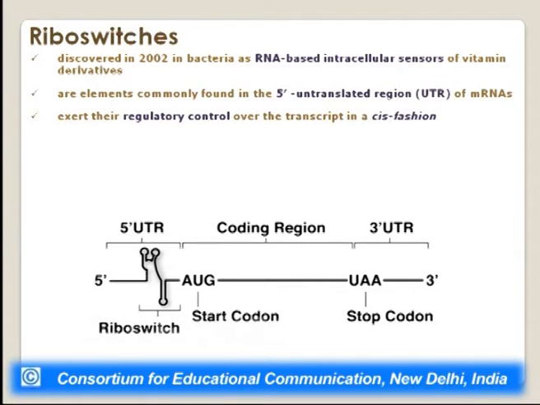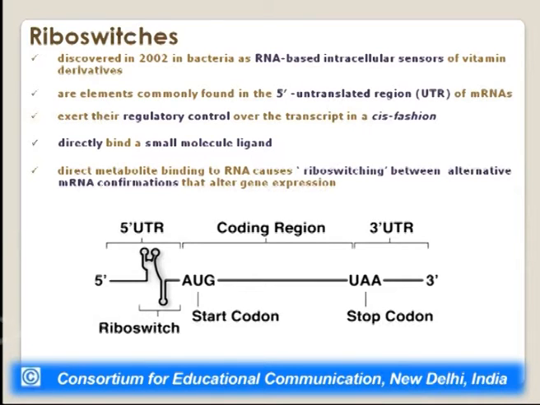They exert their regulatory control over the transcript in a cis fashion, that is, they regulate the expression of the same RNA in which they are located, and they directly bind a small molecule ligand. Their regulation depends upon the binding of these small molecules, called ligands. The direct binding of a metabolite to RNA causes riboswitching between alternate mRNA conformations that alter gene expression.